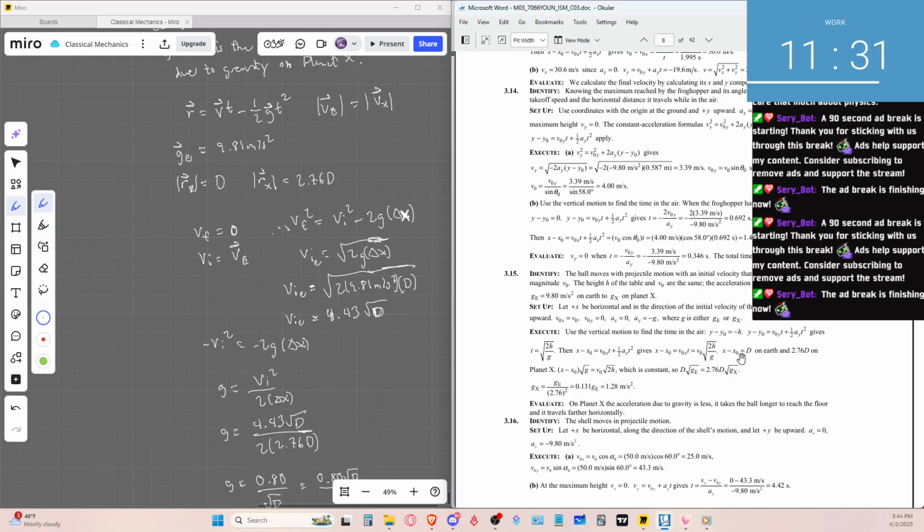So X is equal to D on Earth, which is equal to the velocity times time, which is this. Oh, okay. I never thought of a relationship like that. That is very interesting. Okay, well that's something that's pretty good.